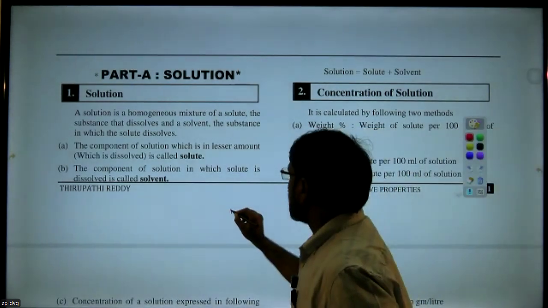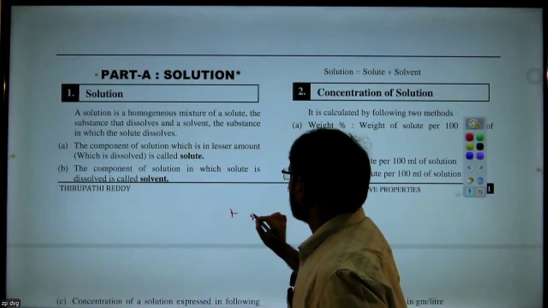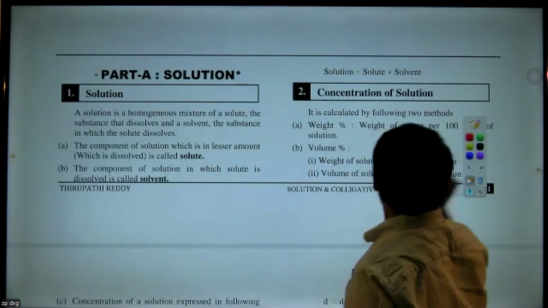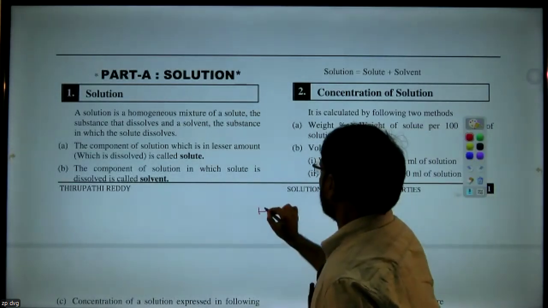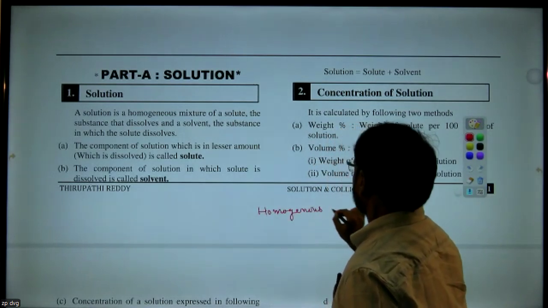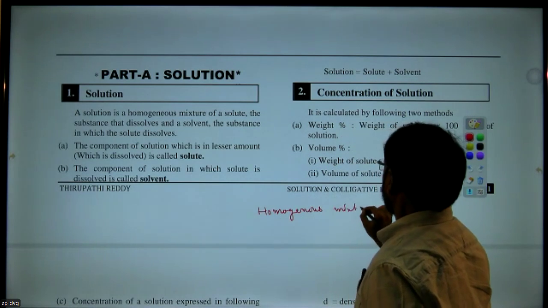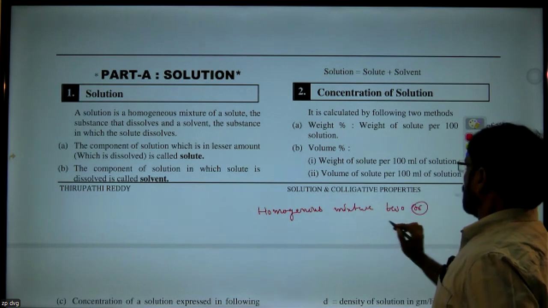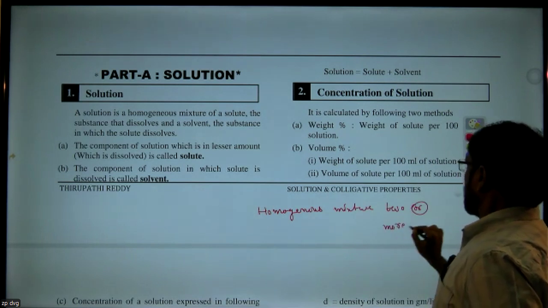Solution is a homogeneous mixture of two or more substances.